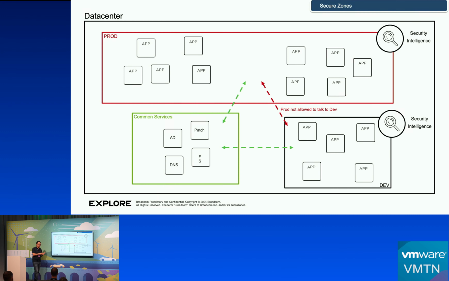If it's unprotected, it will show red lines. If it's protected, then you should be able to see a green line, or another color means traffic is blocked between these two zones or applications. So security intelligence is a very powerful tool to validate the effectiveness of the policies or rules you created.